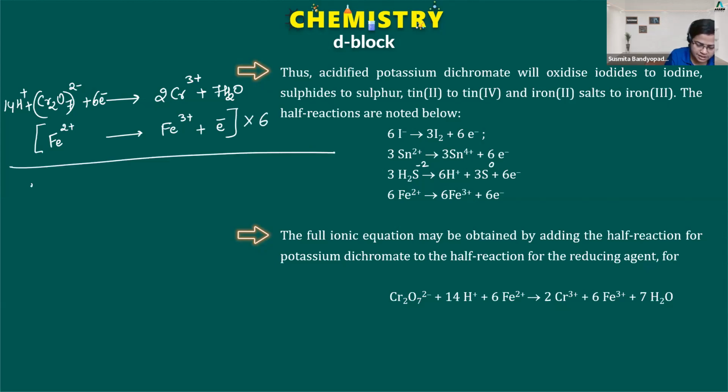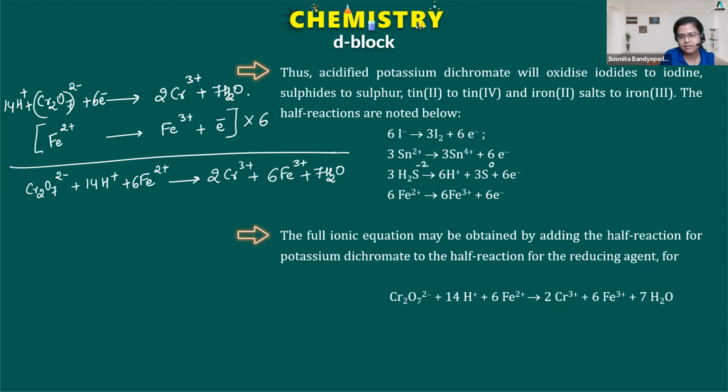And we get Cr2O7 2 minus plus 14H plus plus 6 Fe2 plus, giving 2 Cr3 plus plus 6 Fe3 plus and 7 water.